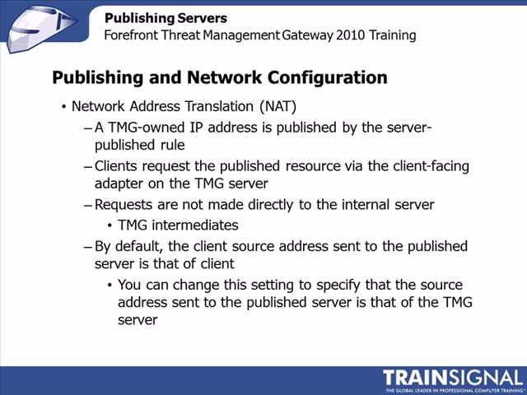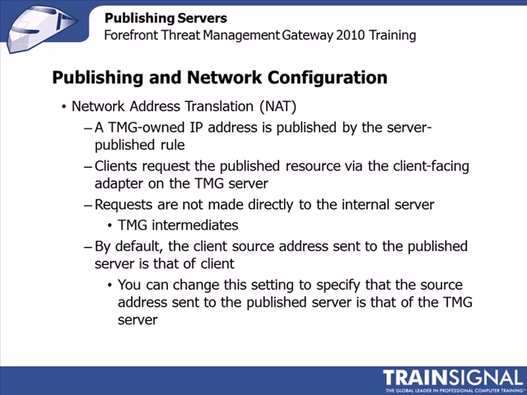Clients request the published resource via the client-facing adapter on the Threat Management Gateway server. So if the client is out on the internet, it's going to be the external network adapter through which clients will access that resource. Requests are not made directly to the internal server, although it may appear that way. Threat Management Gateway intermediates the communication so that rules can be applied to the communication.